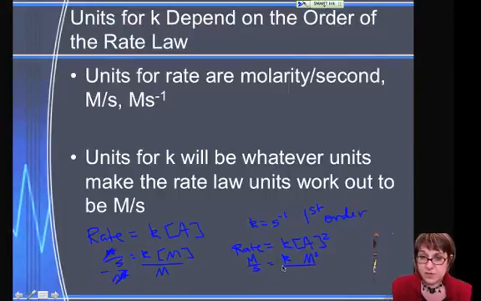So I'm going to divide both sides by M squared. So this will allow me to cancel away just one of those. That leaves me with per second and per mole, and that's it. So 1 over seconds and 1 over moles, and that's the units for K in a second order rate law.